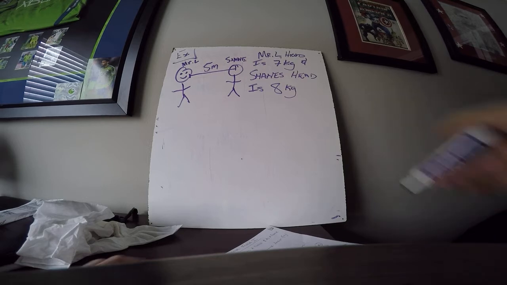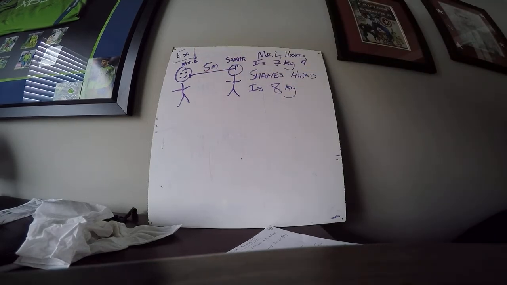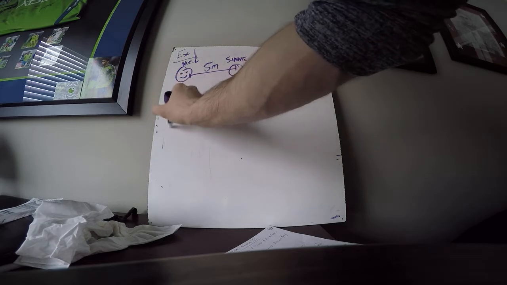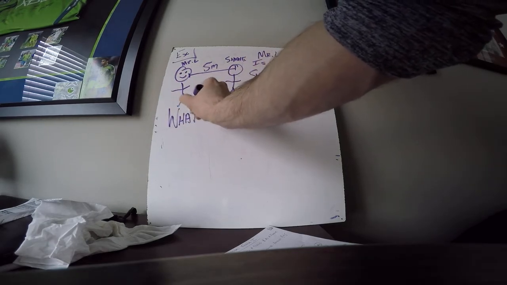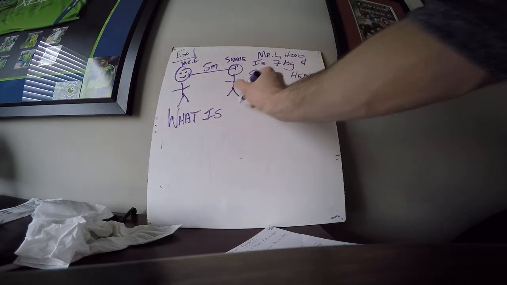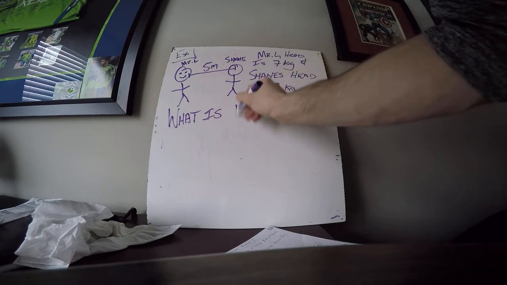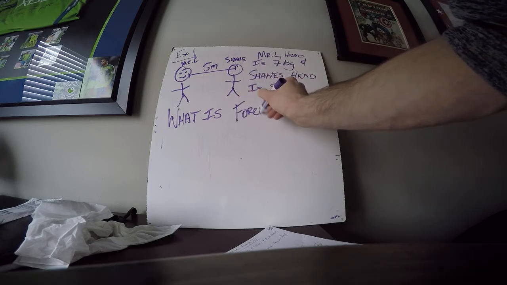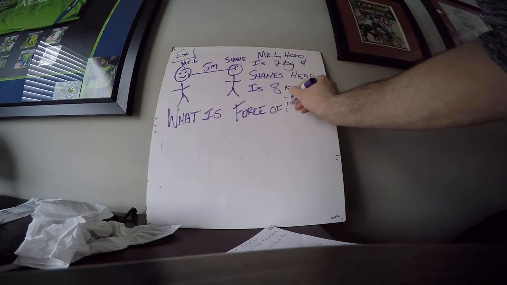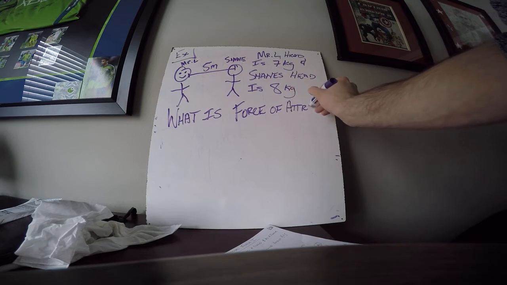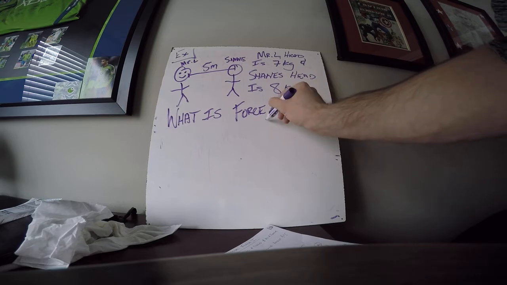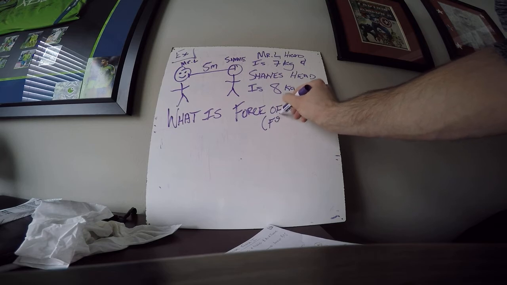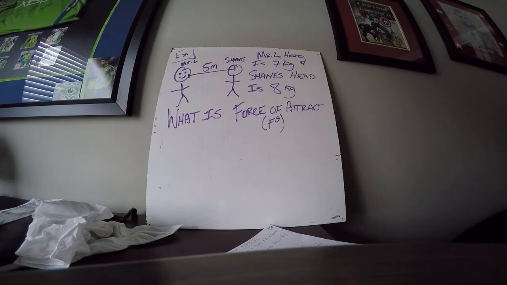So they are separated by 5 meters, as we said. What is the force of attraction? In other words, what is the force of gravity between them, or the force of attraction between me and Shane?